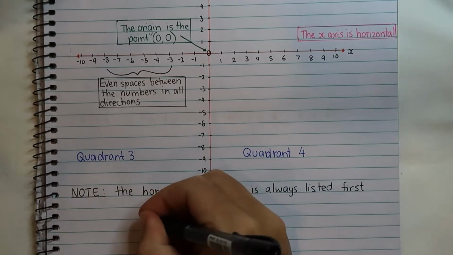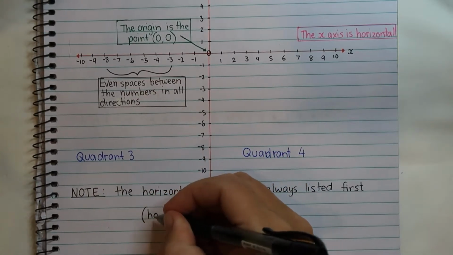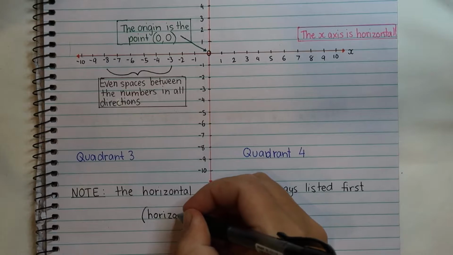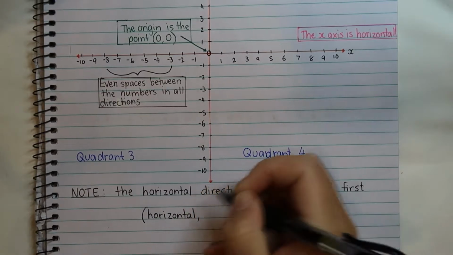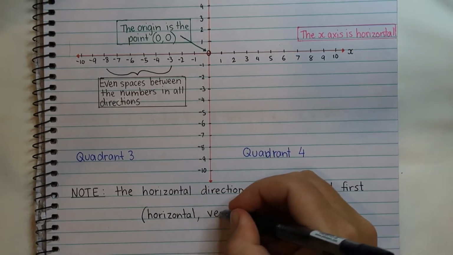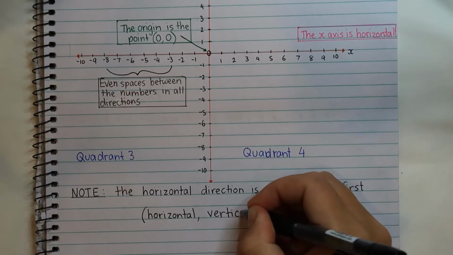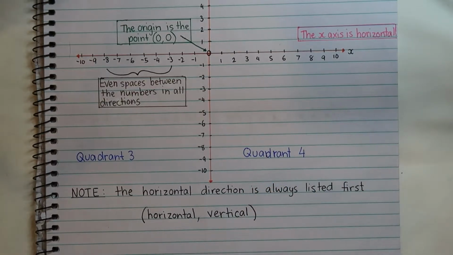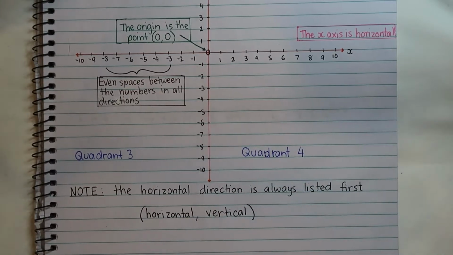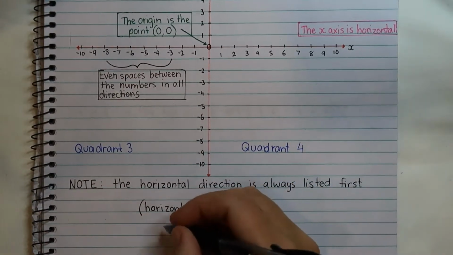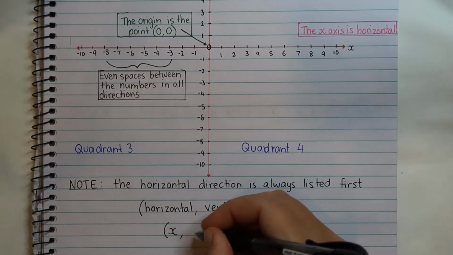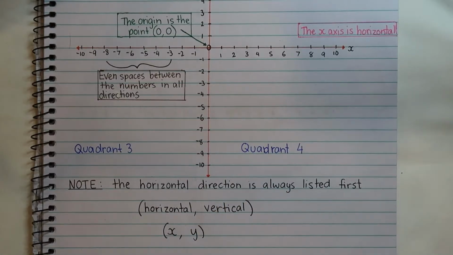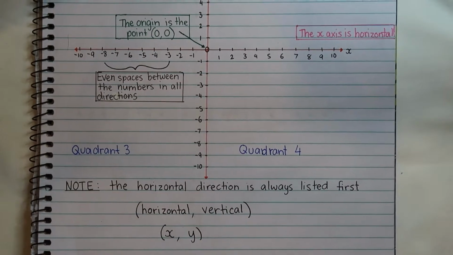So we would write our coordinates with the horizontal, comma, then the vertical point. So for example, in a lot of cases, it would be x value, comma, y value. So let's have a look at an example.